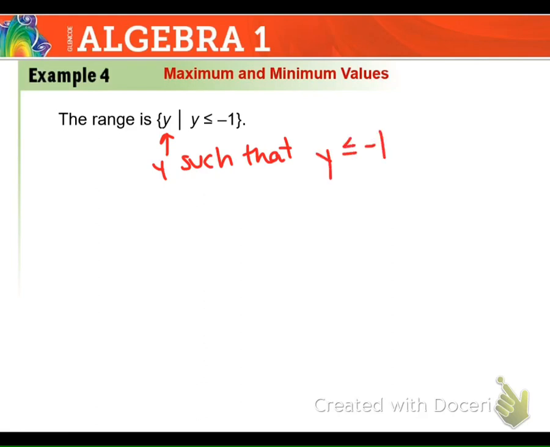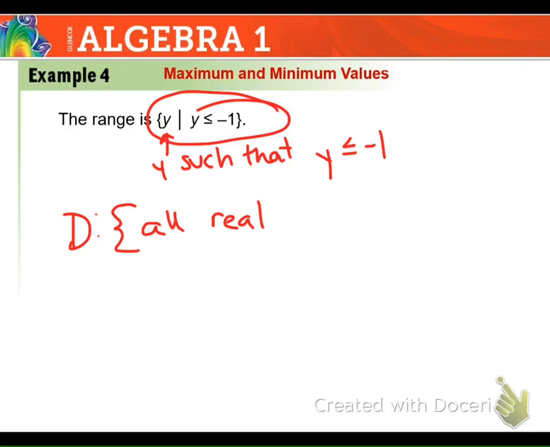Okay, and so this is the notation we want to use for range, and then the domain, as I wrote up earlier, we wrote it as the D for domain is all real numbers.